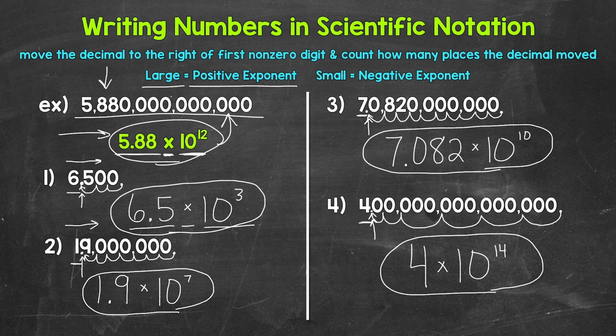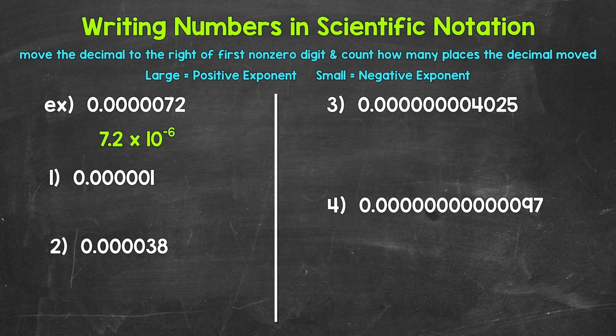Let's move on to writing small numbers in scientific notation. Now let's take a look at writing small numbers in scientific notation. For example, we have this number right here. Let's say that this is the diameter of a cell, 0.000072 meters. So we have a measurement of something that is very small here.